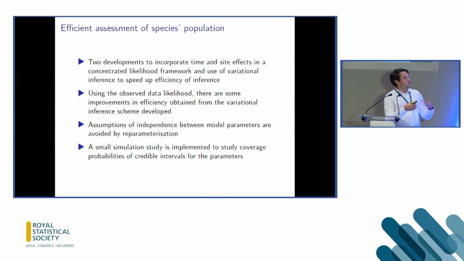And by assuming independence, or gaining independence of the model parameters through a reparameterization, we can use this variational approach to get consistent estimates of the parameters. And there's a nice simulation study to show that you get good coverage probabilities of the confidence and the credible intervals for these parameters.